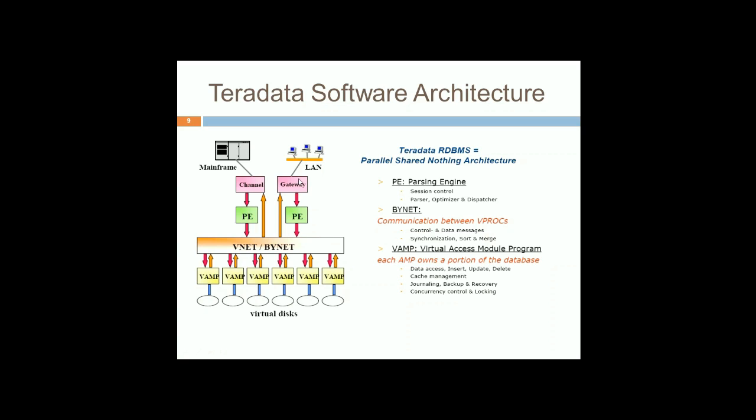Okay, so this is about the connectivity, and then you see something called PE. PE is known as the parsing engine. Whatever queries we write on Teradata, we actually work on this PE part. This parsing engine will check whether you have given your syntax properly or not, and it will optimize the query. Whenever you write a query, the parsing engine will form a query execution plan, which will decide the best and fastest way to execute it.